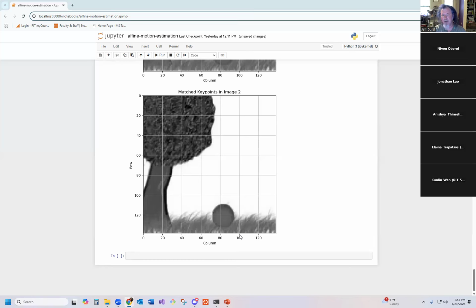If we really wanted to do motion estimation in a real setting with a purpose, this is how we would do it. We would first want to go through everything we learned this semester to get to the point of having really good key points for the thing you care about in the image.